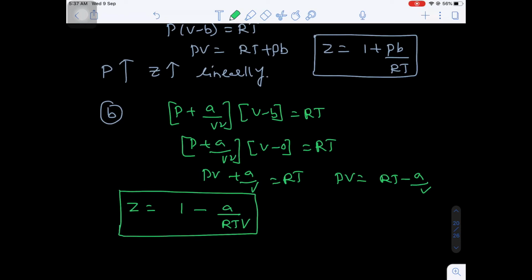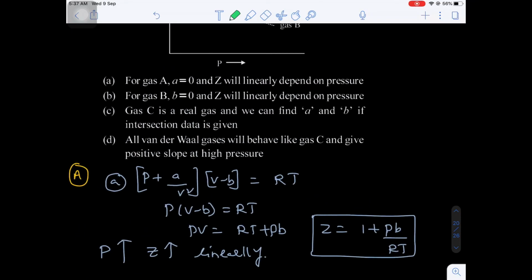No. That means Z does not vary or change with pressure. But option B says the Z value linearly depends on pressure. That means this is the incorrect statement. Are you getting my point?